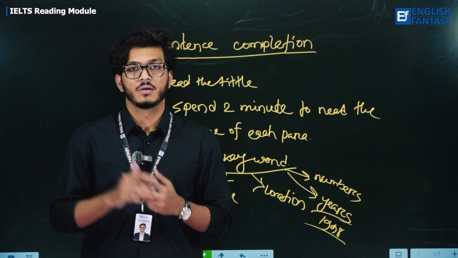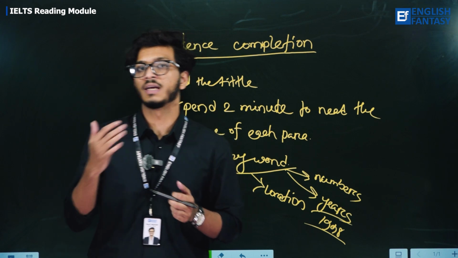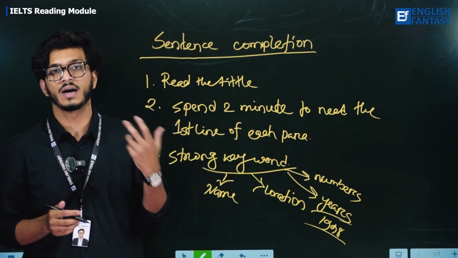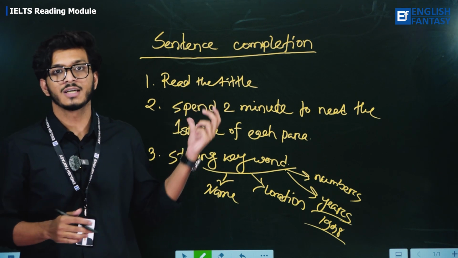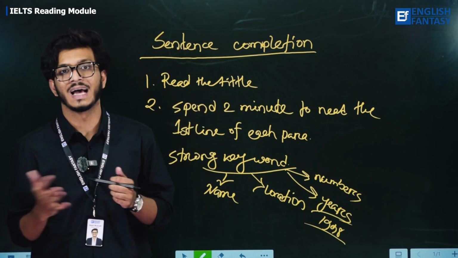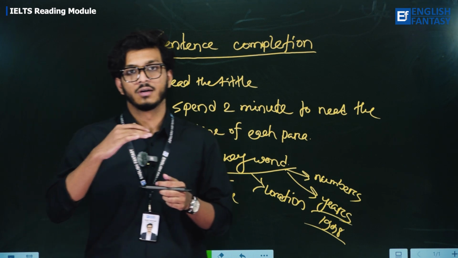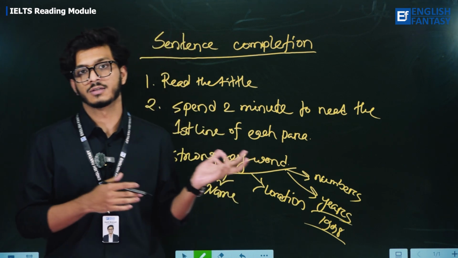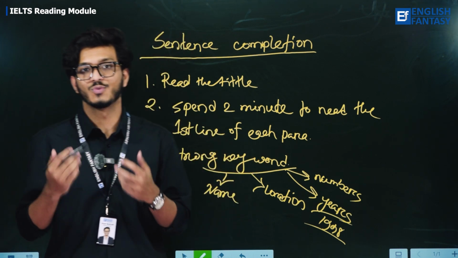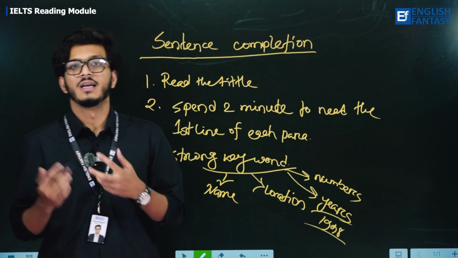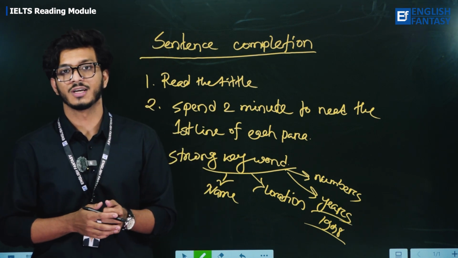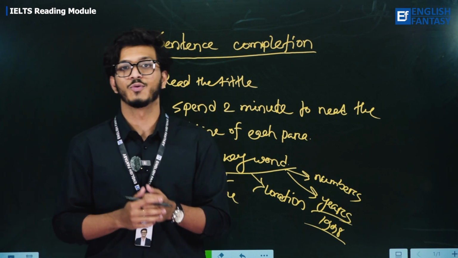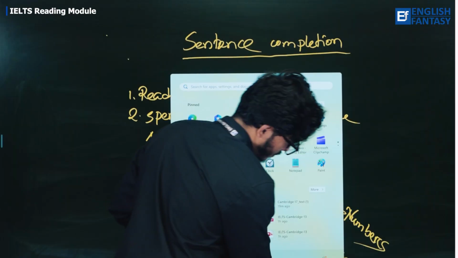Remember, sentence completion always maintains the sequence. So if you find a strong keyword in your second question, just go for it and find the answer, and after that you can easily find the other locations. I think it will be time consuming. Now let us solve a sentence completion so that you can easily understand how to solve it.